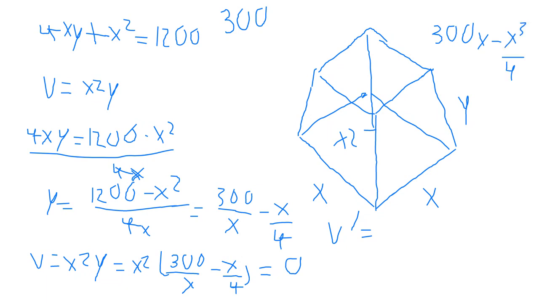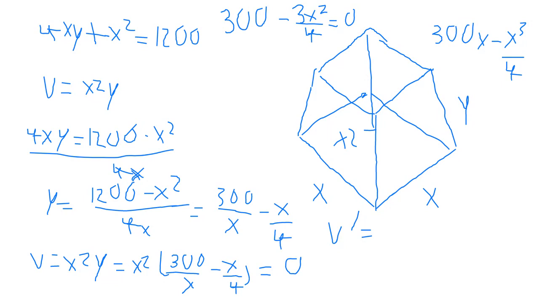And then we take the derivative. Our derivative is 300 minus 3x squared over 4, and that's equal to 0 because we want to maximize. Then all we would do is solve this.